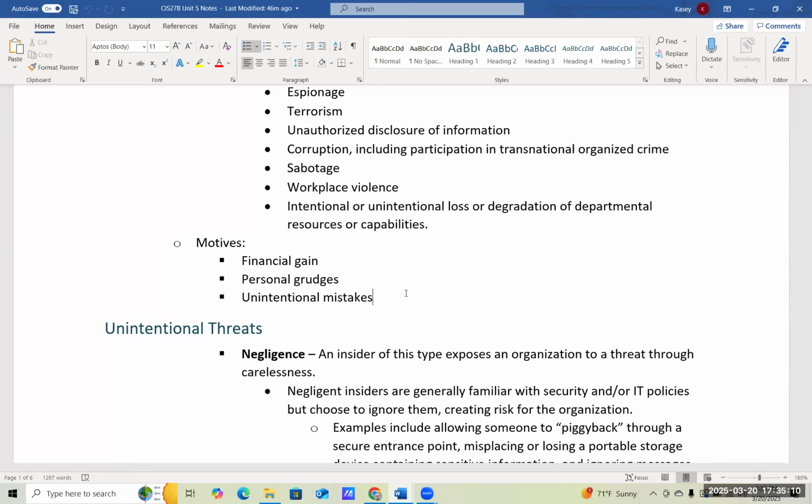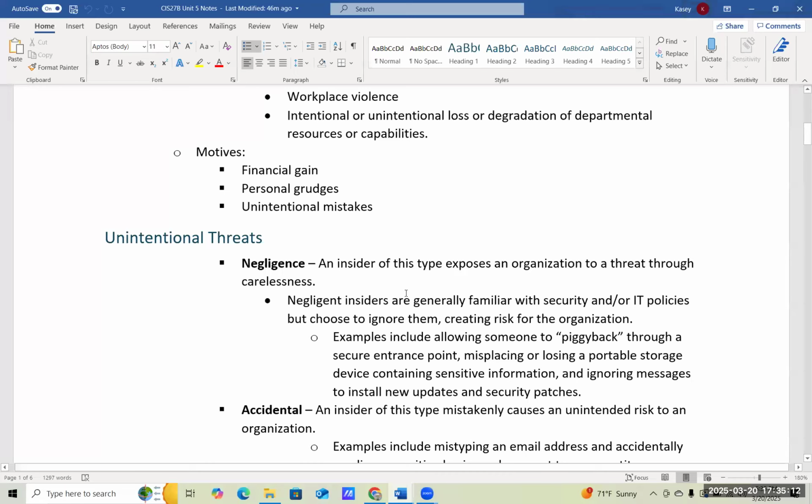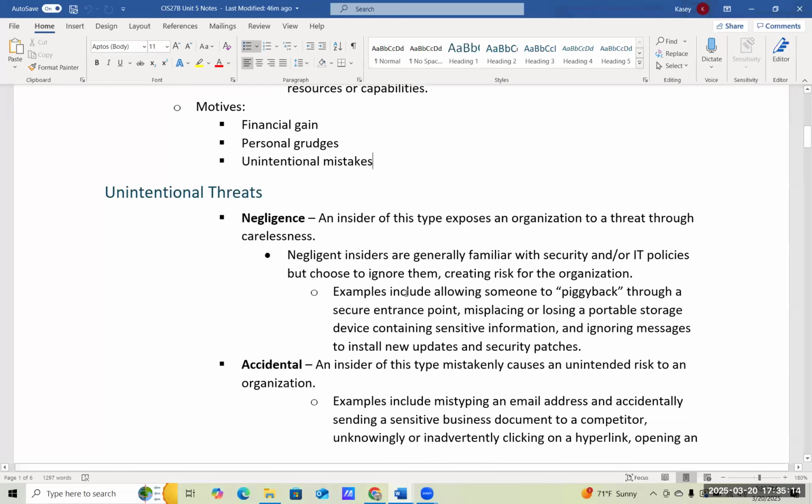And then you have the unintentional threats. So it falls into some areas, as we said, that people make mistakes and it's normal, right? We would expect that there's some kind of error. In the case of unintentional threats, you would see negligence, and that means that they just expose data or sensitive information because of carelessness. Okay.